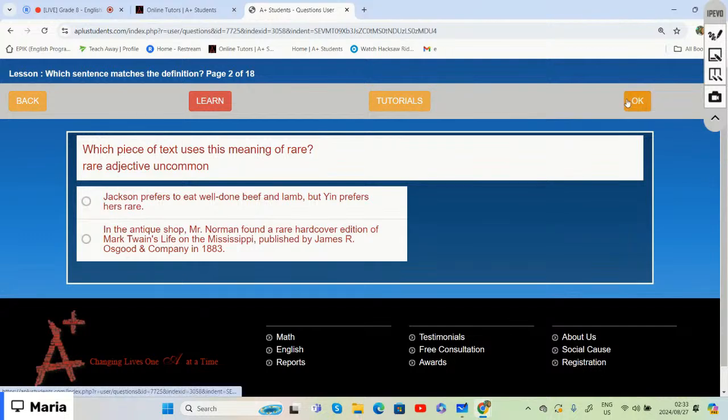The next one says, which piece of text uses the meaning of rare? Which uses the meaning of rare? And rare is uncommon.